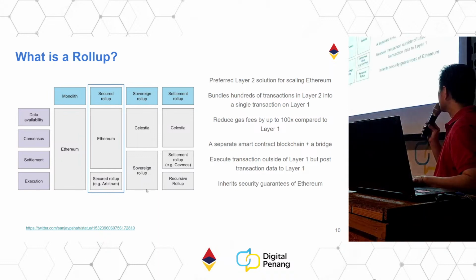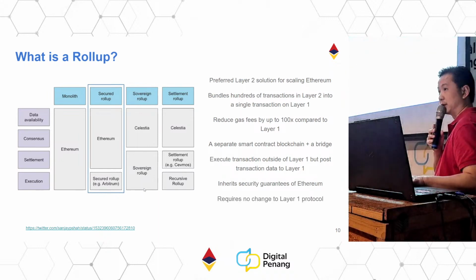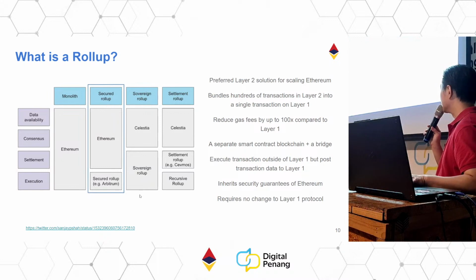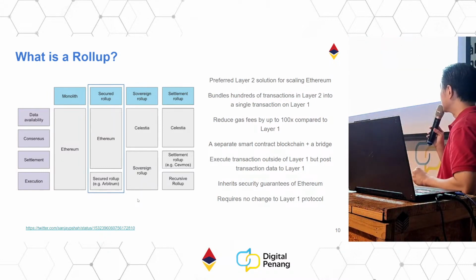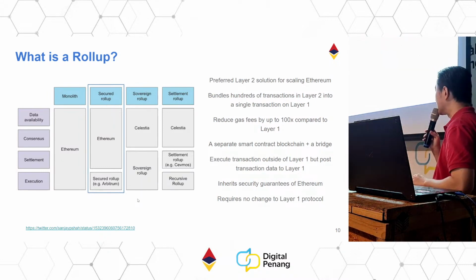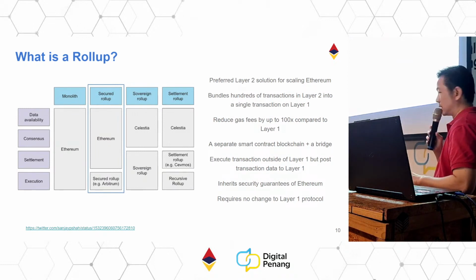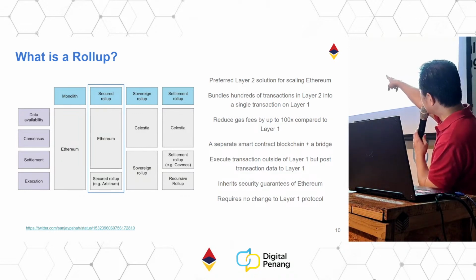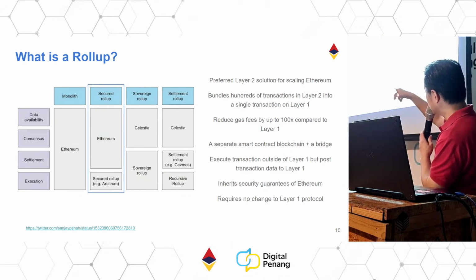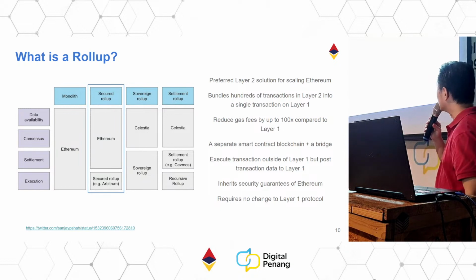And as I mentioned, it inherits the security of Ethereum. For us to implement a rollup, we don't require any change to the existing Ethereum protocol. The one in the middle that you see under the blue box, that's the rollup.